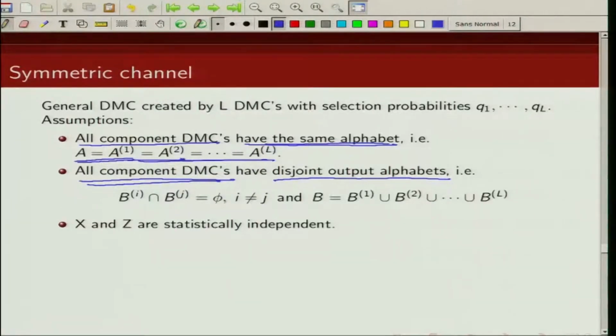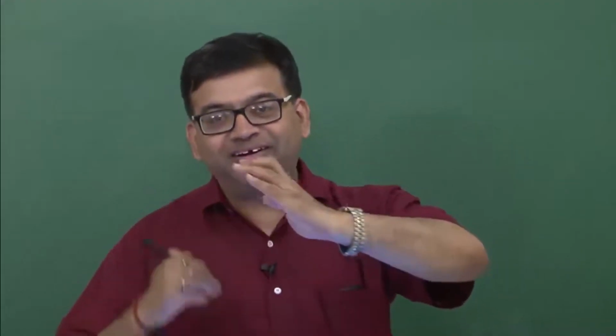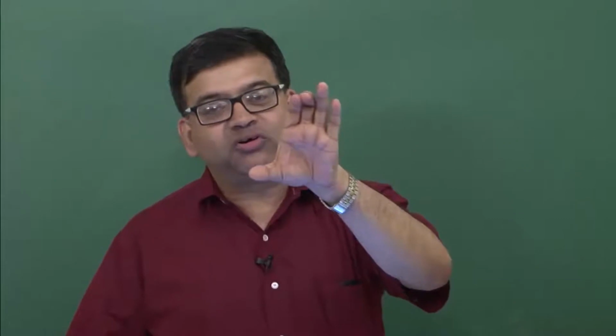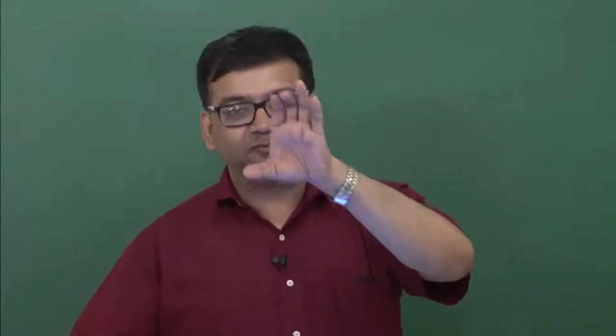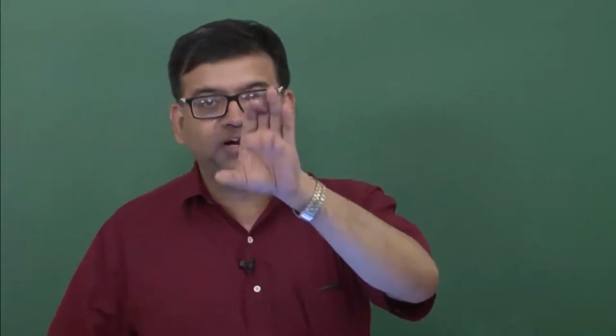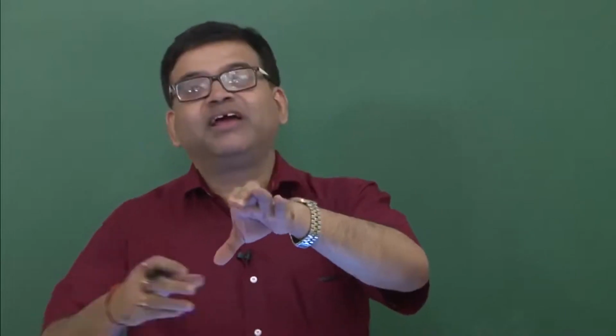So when we partition them into L discrete memoryless channels, the output letters are disjoint. If some output letter appears in one particular set, it will not appear in any other set.